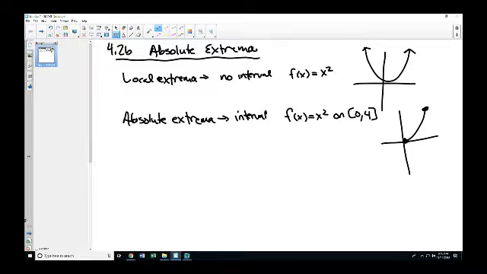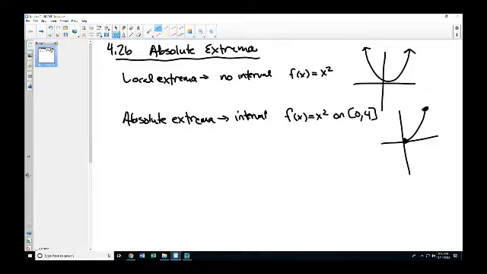Is that an absolute or a local? Absolute, because they're asking when is it the fastest. And they'll give you a time interval, like 0 to 8, to work with. So we have to be very wise about analyzing which to use. Sometimes it's very obvious.